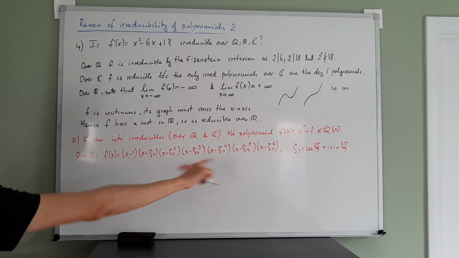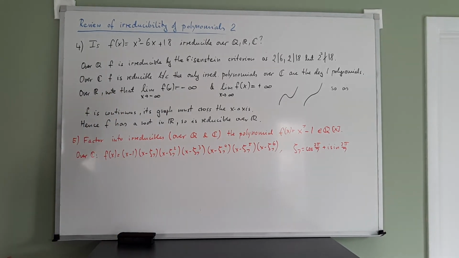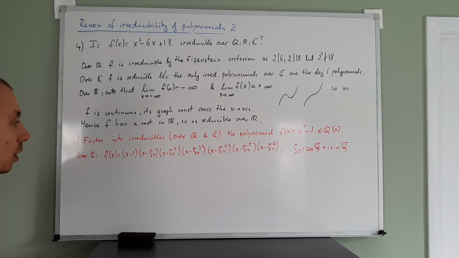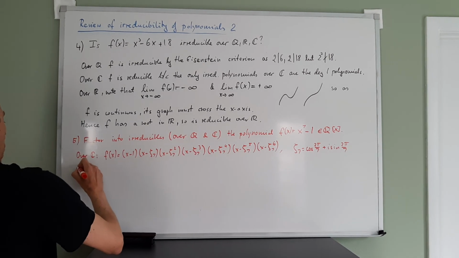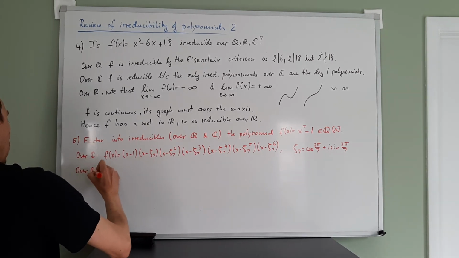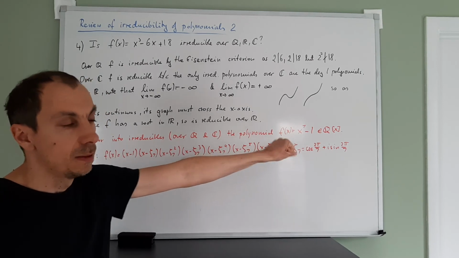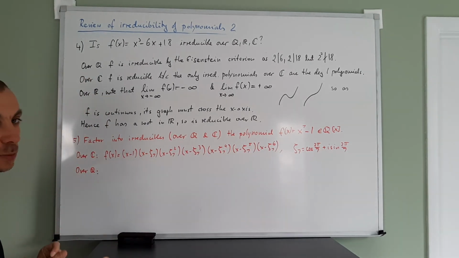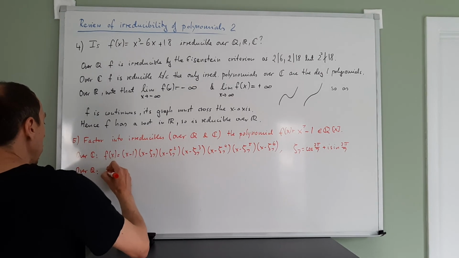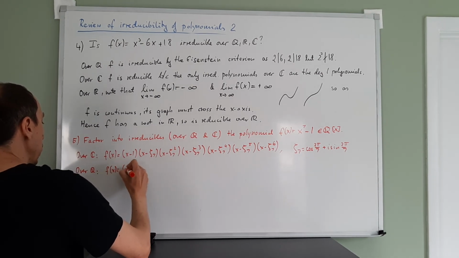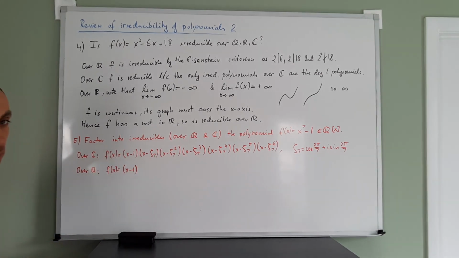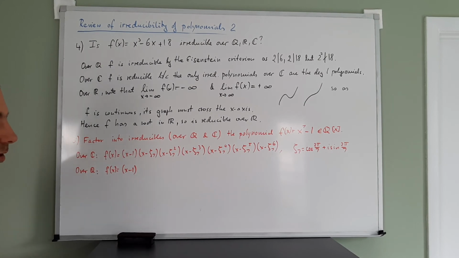Over C, again, all the coefficients are complex numbers, and all the factors are degree 1, so they are automatically irreducible. What about over Q? Now, this polynomial definitely has a root over Q, namely 1. So I know it's not irreducible over Q. And if I factor out the x minus 1, you can either do long division, x to the 7 minus 1 divided by x minus 1, and then you'll get the other factor.